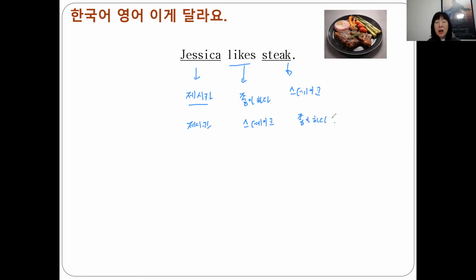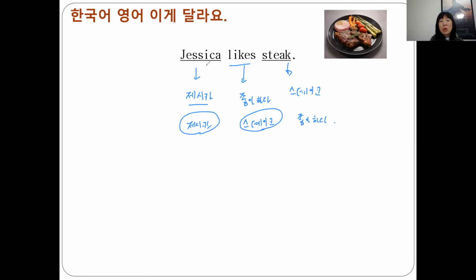In Korean, we have case markers that indicate, oh, this word is a subject in the sentence, or this word is a topic of the speech, or this word is an object in a sentence, indicating the role of the noun in a sentence. So we have case markers that include subject marker, topic marker, and object marker.